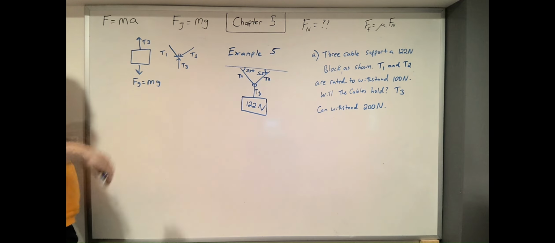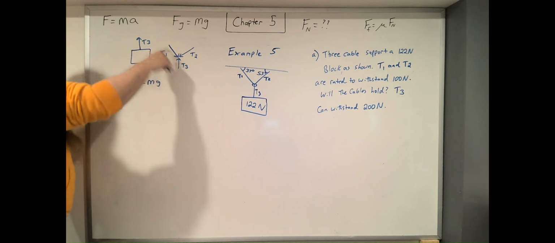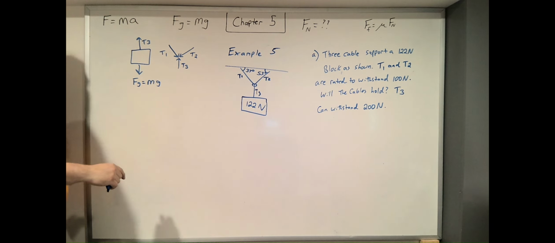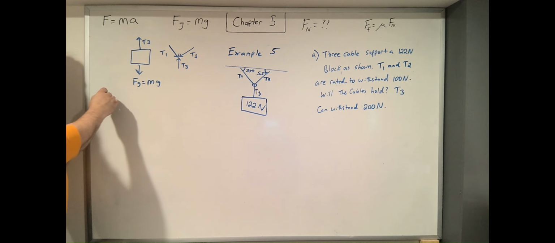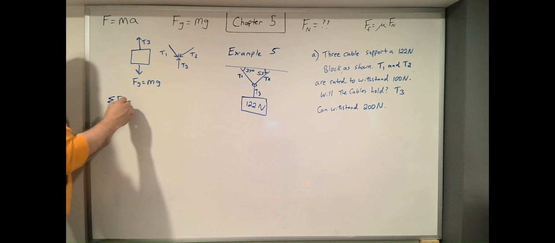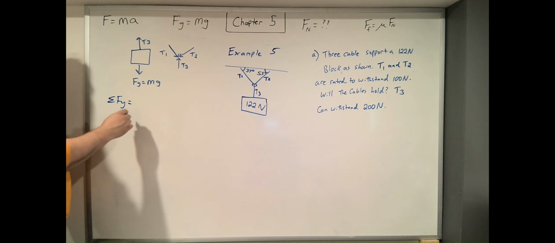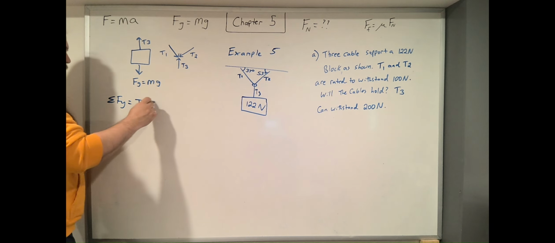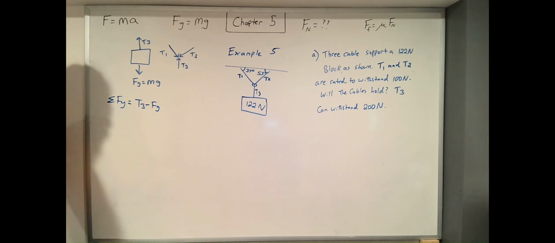This is the easiest one to figure out, because T3 is in both of these problems. So for T3, if it's in equilibrium, this is only in the y direction. There's nothing in the x. We have T3 pointing up, and we have Fg pointing down.